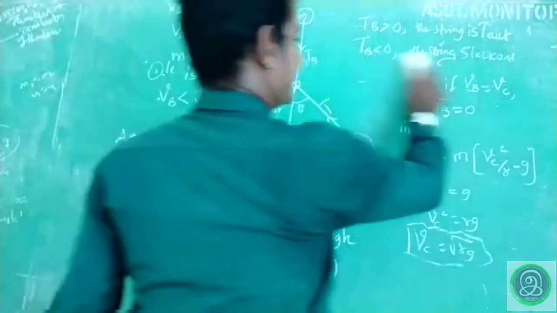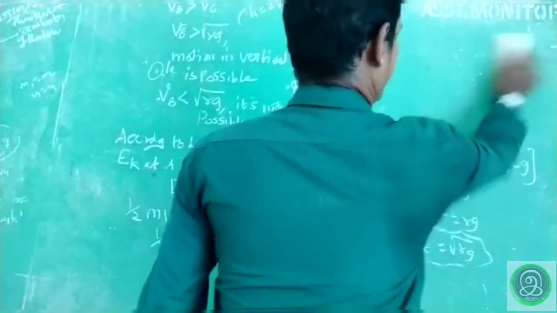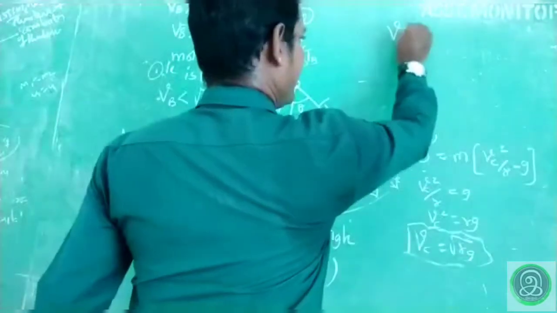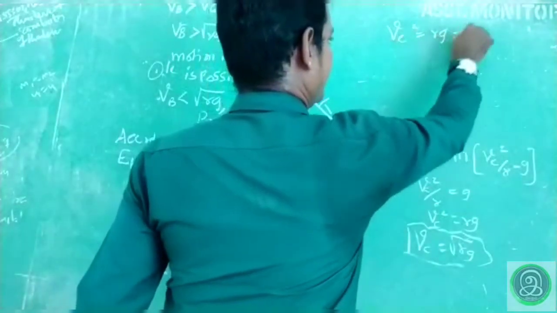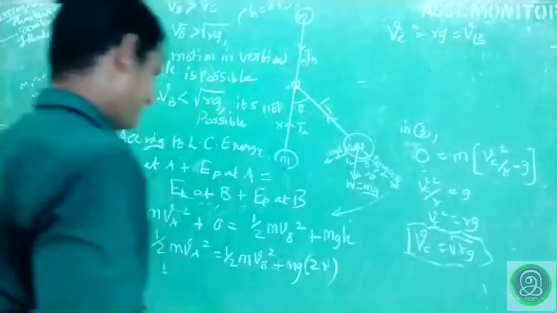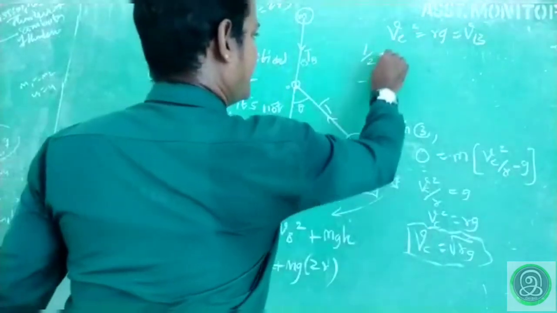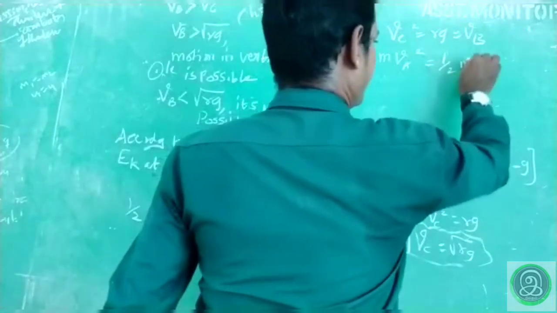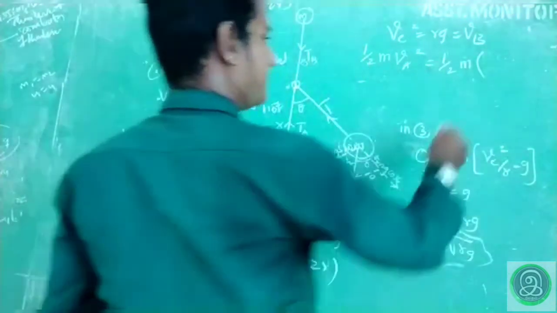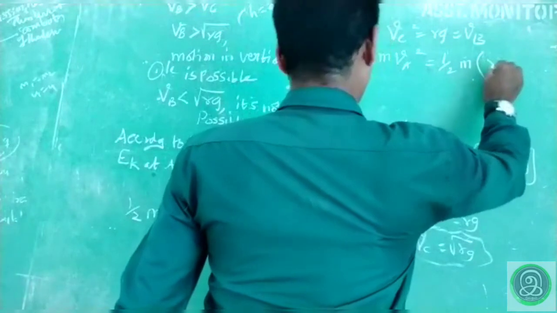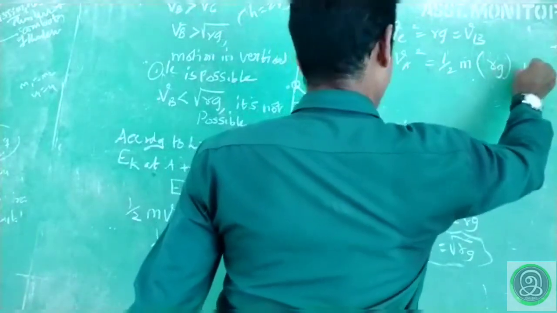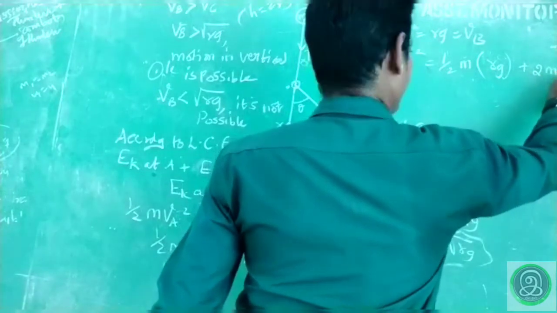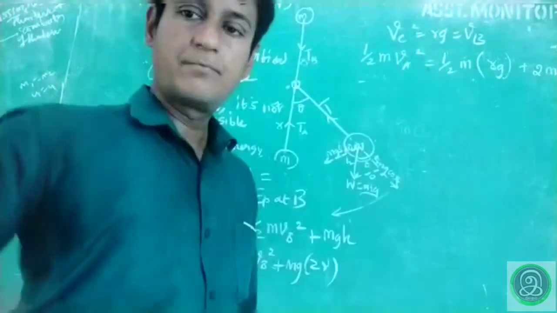And we know that if Vc is equal to square root of Rg, or Vc squared is equal to Rg, it is also equal to Vb. So half mVA squared is equal to half m into Rg plus 2mRg.